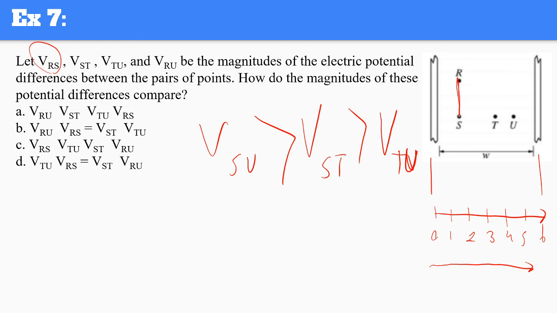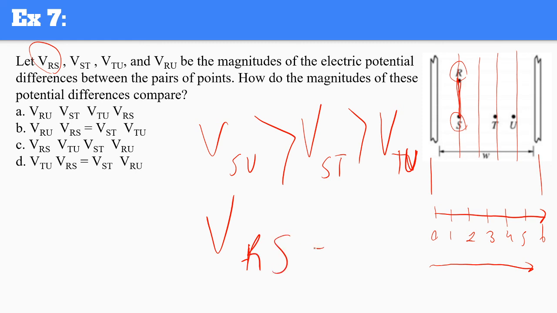Remember, we said along the same potential line, we basically have no potential difference. So this is the equipotential line for me. So that means along this line, I have no potential difference. So VRS is actually equal to 0, and so it's the lowest. So my answer will be A in that case.